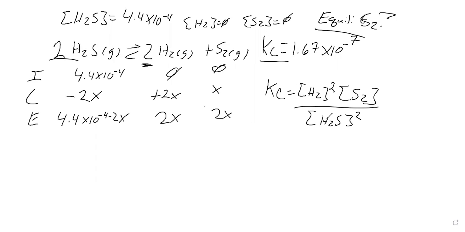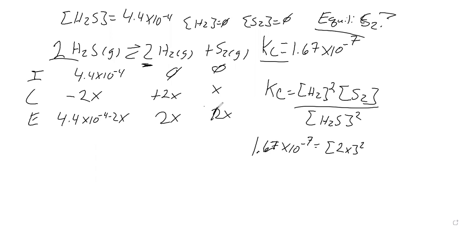And then once you have this, you plug in all your values. So we know what Kc is, 1.67 times 10 to the minus 7 equals, these are all equilibriums, right? When you're dealing with the Kc, that means equilibrium. So we go to our E column. So H2 at equilibrium will be 2x squared.